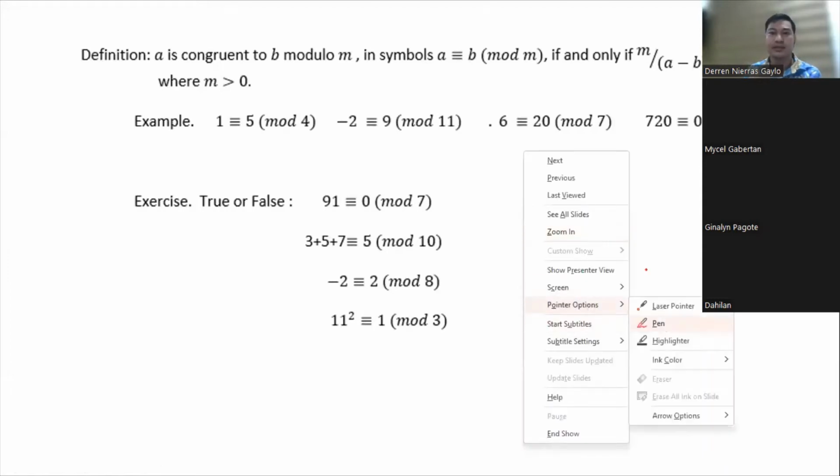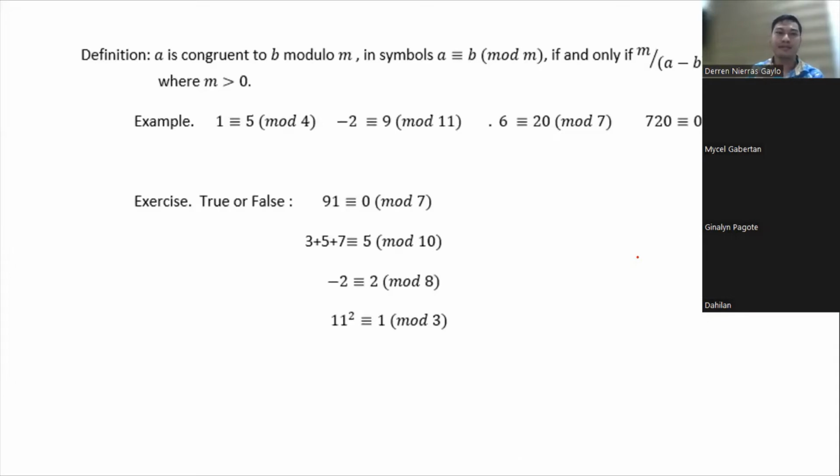Okay, we have here an example. 1 is congruent to 5 modulo 4. Why is it correct?